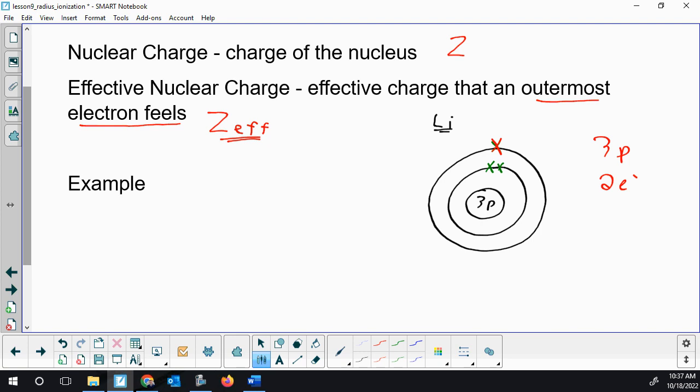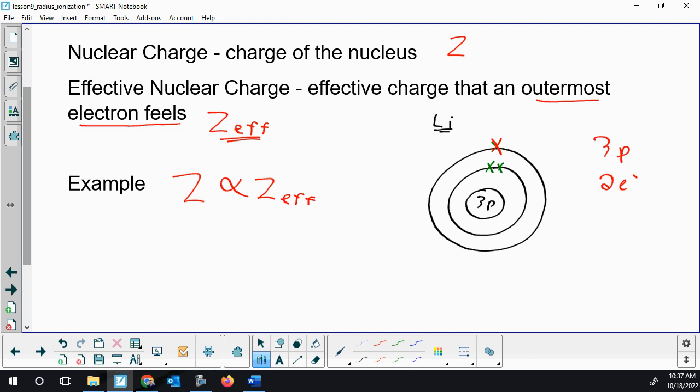Now, we're not going to look up any Z effectives. Okay. Z effective nicely scales with the charge in the middle. So what we're going to use, the charge in the middle is proportional to Z effective. Okay. Proportional, if one goes up, the other goes up. So we should be using Z effective, but we're going to just use the charge in the middle as a proxy.